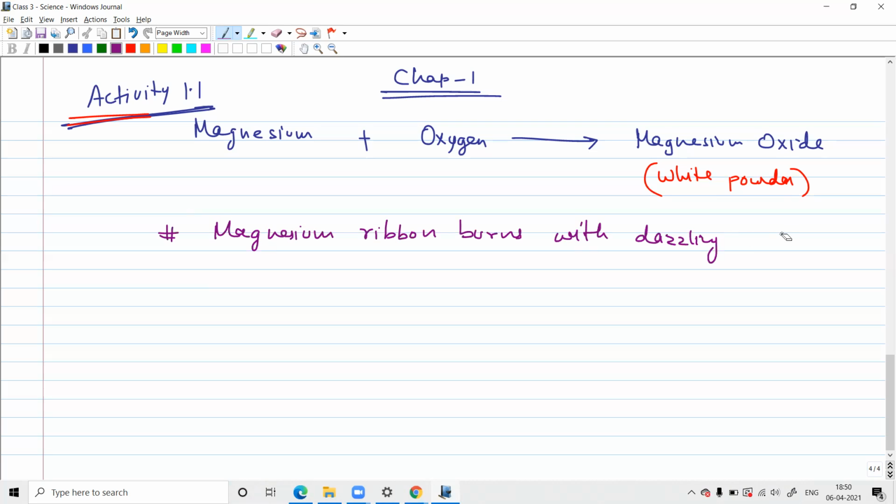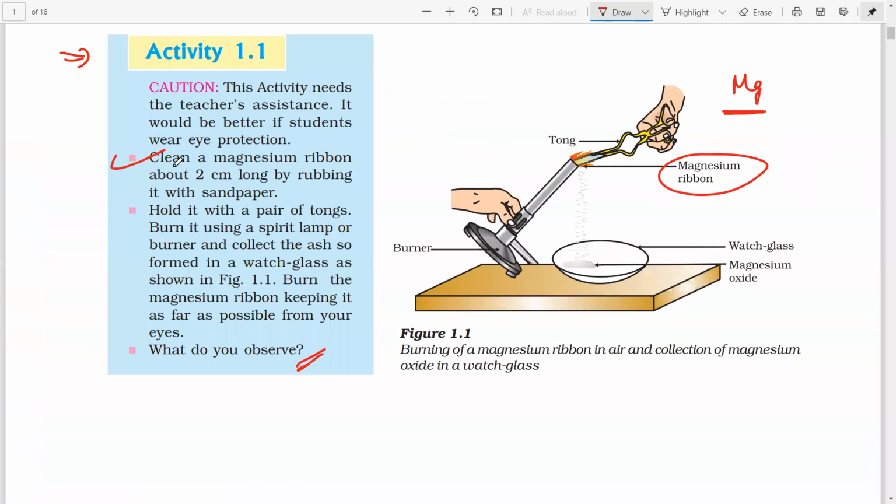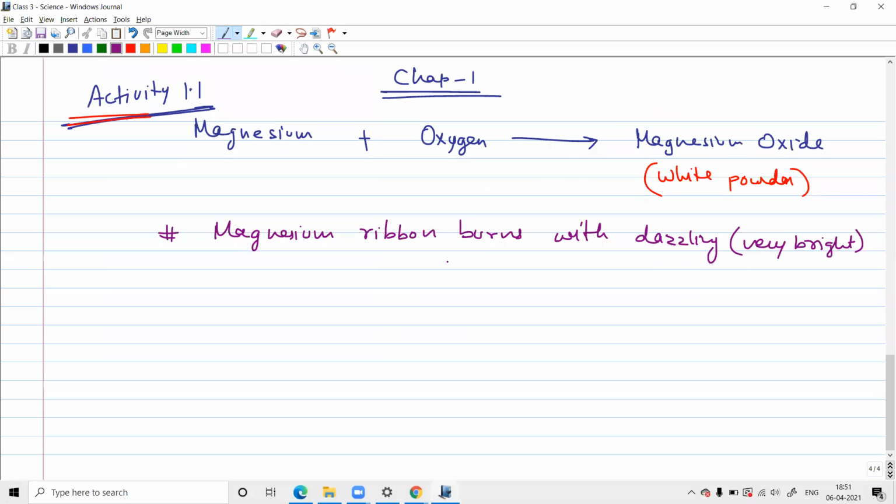Very bright. And that is the reason they ask you to wear some eye protection. Can you understand the reason for that? Why they ask you to wear eye protection? Because it burns with a very bright, dazzling light. So it will damage your eyes if you don't wear some protective gear, and if you keep it very close to your eyes and then try to burn it. Dazzling white flame. Important point to remember.